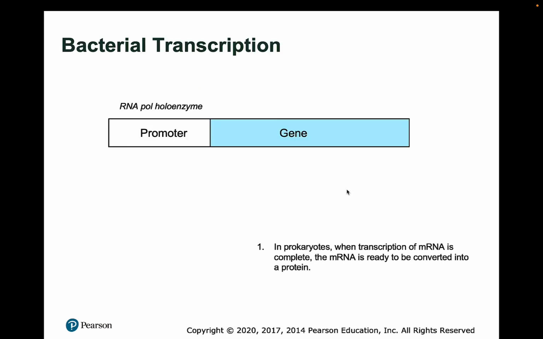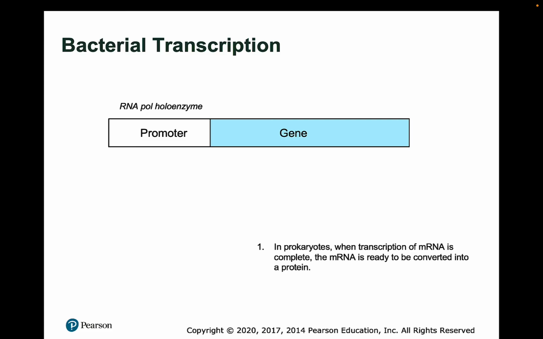Okay, let's review bacterial transcription. So here, this rectangle represents a gene in bacteria. And every gene has a promoter. And recall that the promoter has -10 and -35 boxes. And the promoter is where the RNA polymerase binds.